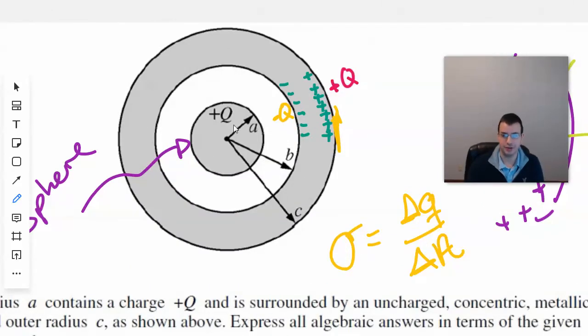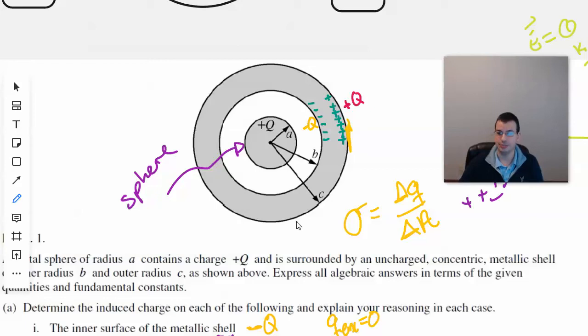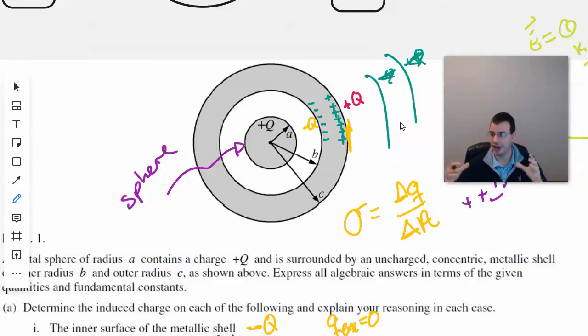So you have positive Q in the middle, then a negative Q, and on the outside of the shell, positive Q. And if you have more spheres, you just keep alternating, write negative Q, plus Q. And if you have an insulator with no net charge, it's as if it was not there. And if you have an insulator with a net charge on it, then you'd have to do the whole calculation to figure out how much of that shell is actually enclosed.